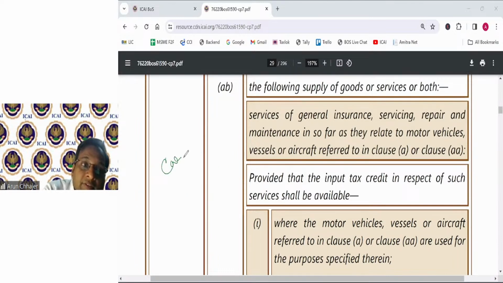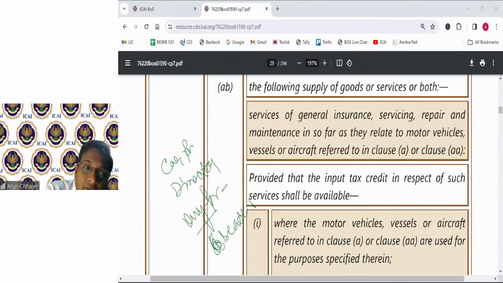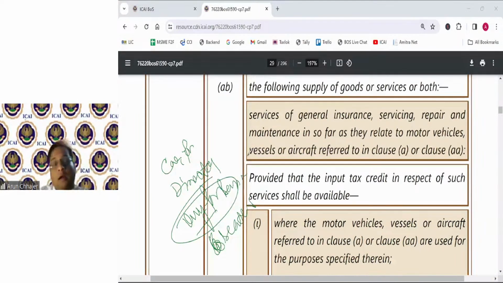Car for director, only for business purpose, and it is 6-seater. ITC allowed or not? Will you give the ITC or will you not give the ITC?